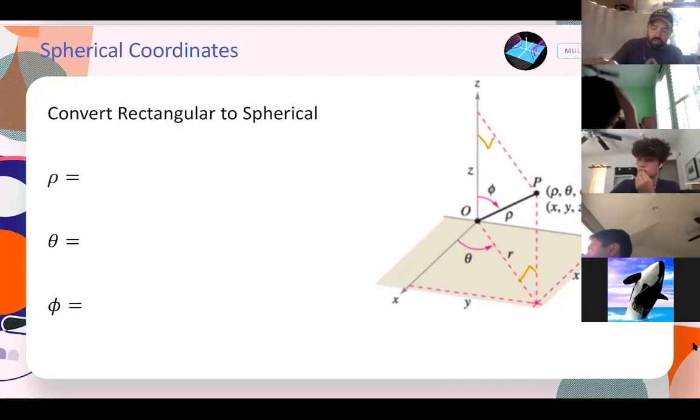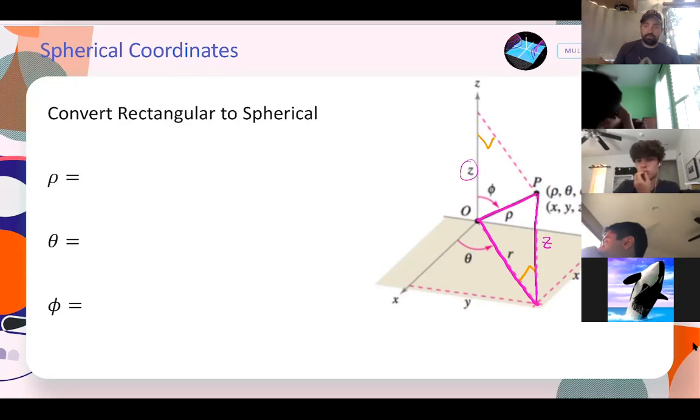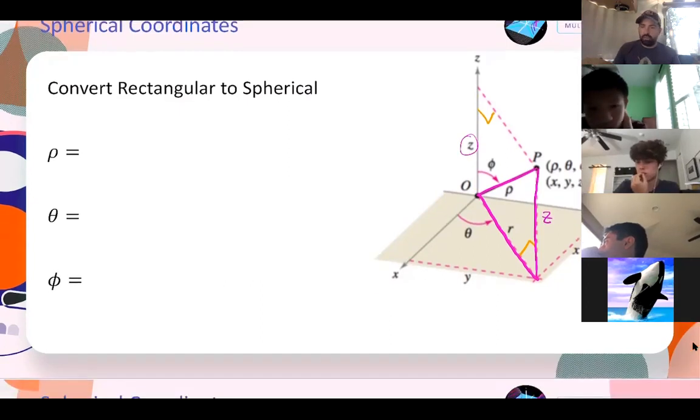So all of our stuff comes from right triangle trigonometry. So if we look at this right triangle here, notice since that whole thing is a rectangle, if this side is z, this side is also z, right? They're the same length.